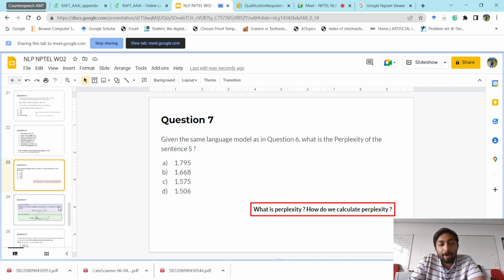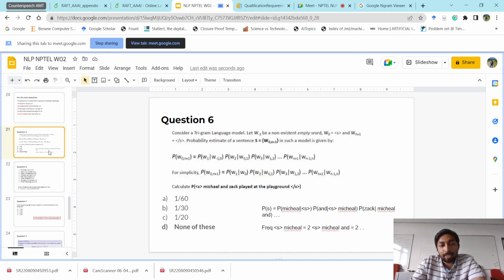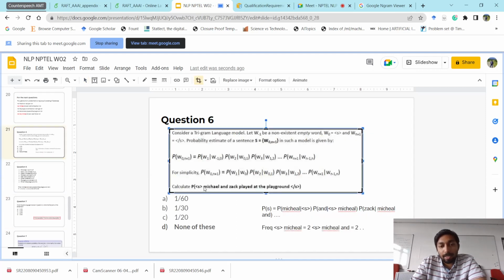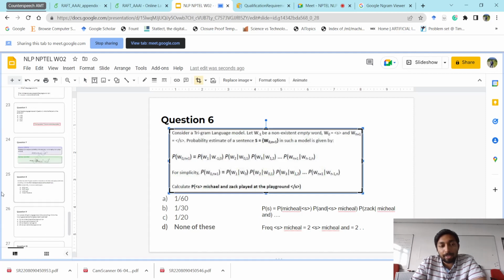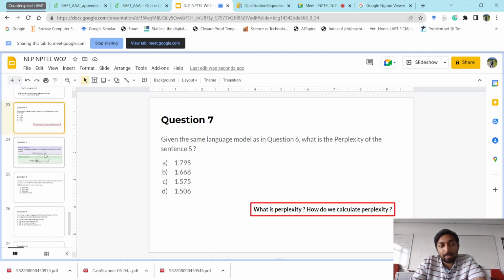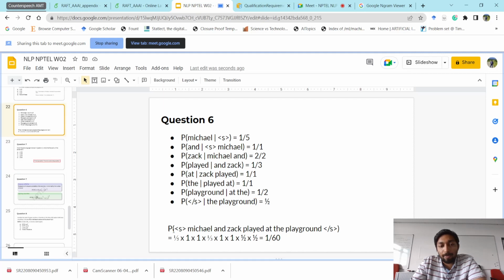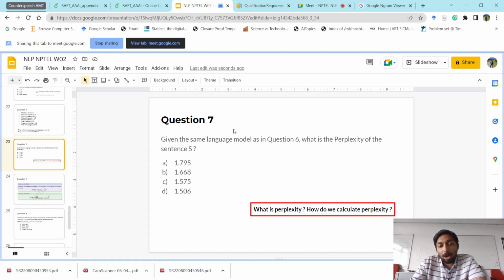So this will be our last question for today. Given the same language model, what is the perplexity of the sentence? The sentence was this one. Now they want us to find the perplexity. We already found the probability of the sentence. Now we have to find the perplexity. So how do we calculate perplexity, and what is perplexity?